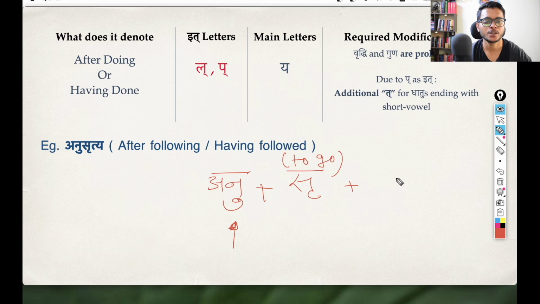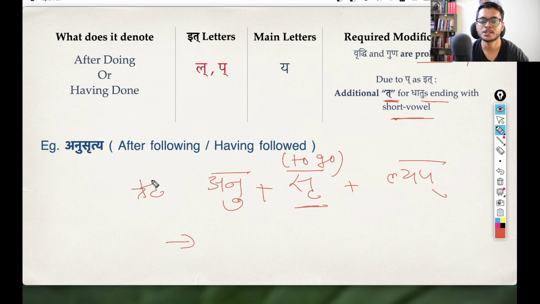Now we are again going to modify this entire combination using lyap suffix, because I want to say after following, having followed. So vriddhi and guna are prohibited. And now this additional ta for the dhatus that are ending with a short vowel. Since our sri is ending with this ri swara, a hrasva swara, short vowel, what you will get is additional ta between the dhatu and the suffix.